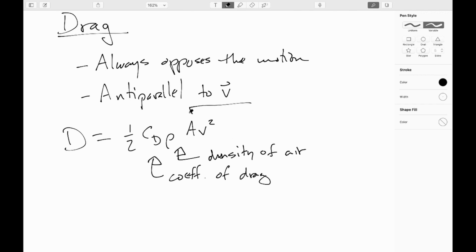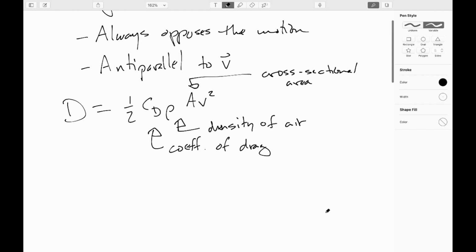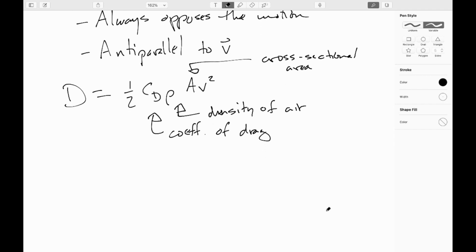And this A here is the cross-sectional area. So in other words, how much space would it take up in a photograph if you're looking at it as it's flying head-on toward you? So for instance, if you're looking at a skydiver, before they pull the parachute, their cross-sectional area would be kind of small.